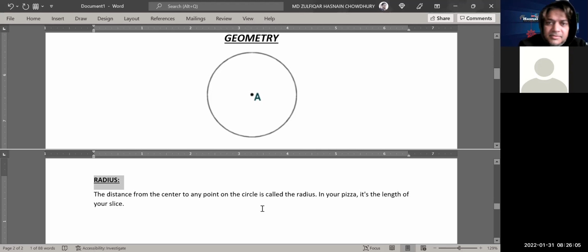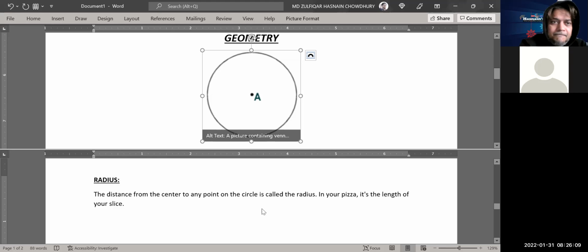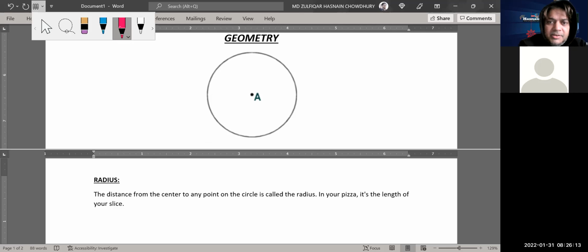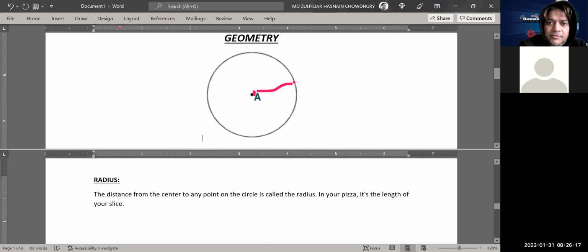It's the distance from the center to any point on the circle. So your point is A, and here is the circumference. If you draw the distance, this is going to be your radius.